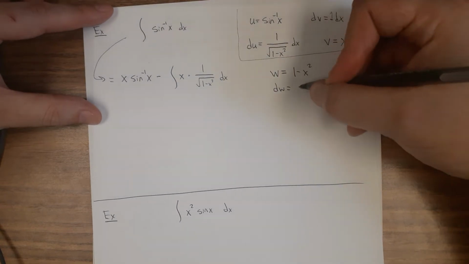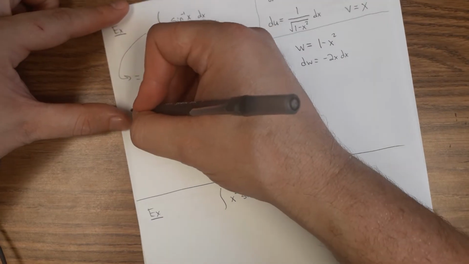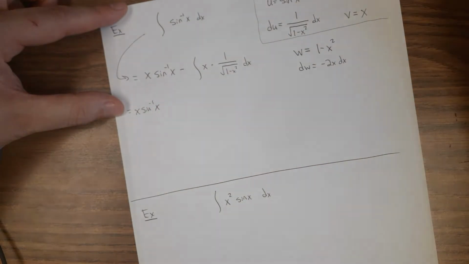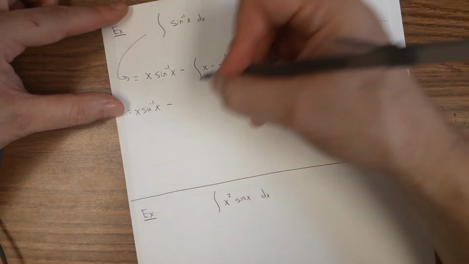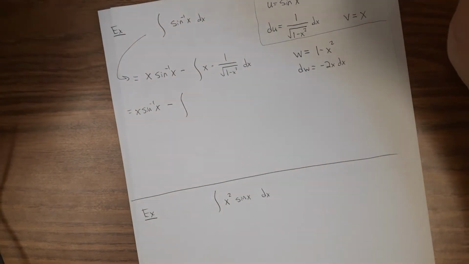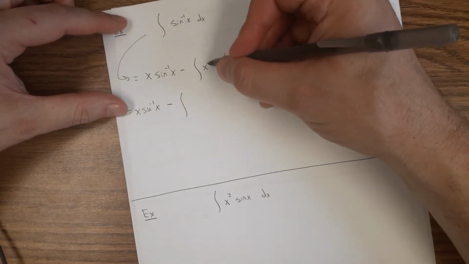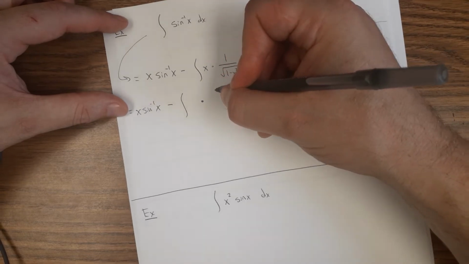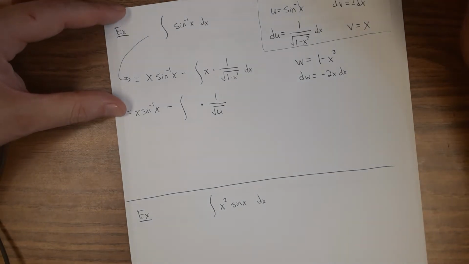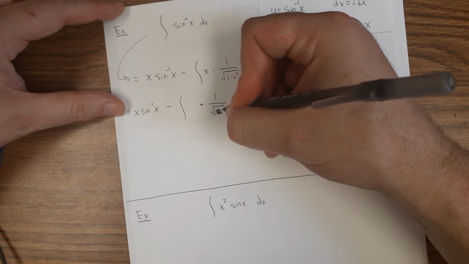dw would be negative 2x dx. So I can go here. So I just write that down, minus integral of, okay, here I go, and I'm trying to complete the substitution, right? I'm not too sure what I'm going to do with this x, so I'll just leave some space. I'll figure that out later. I do know that this is w.